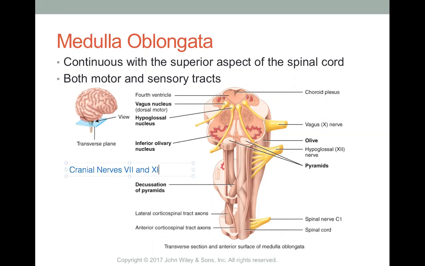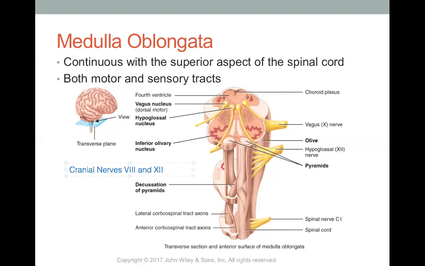Make sure that not only do you know these cranial nerve numbers, but you know the names for these cranial nerves. There will be a PowerPoint on cranial nerves that will go more into detail. So it contains the nuclei of origin for cranial nerves 8 and 12.